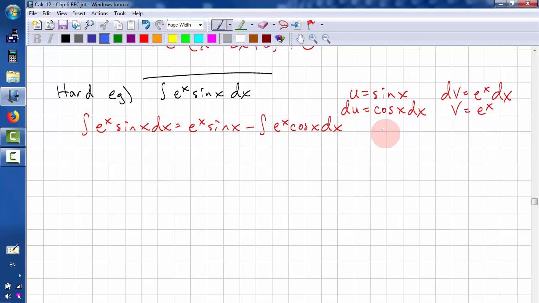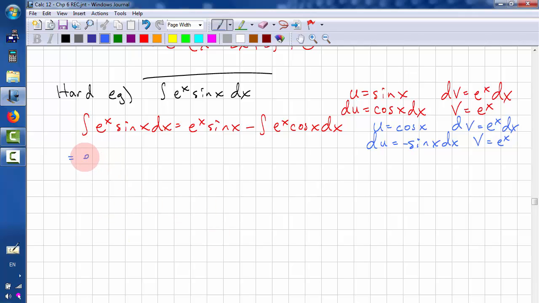Okay, now we need a new u. u equals cos x. dv still equals e to the x dx. du equals negative sine x dx. And v equals e to the x.